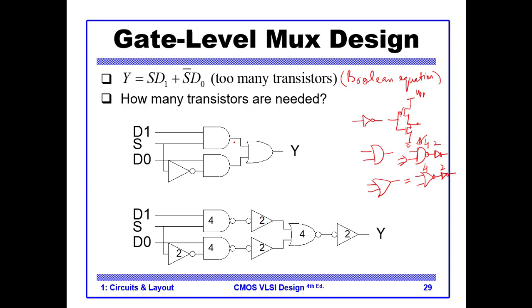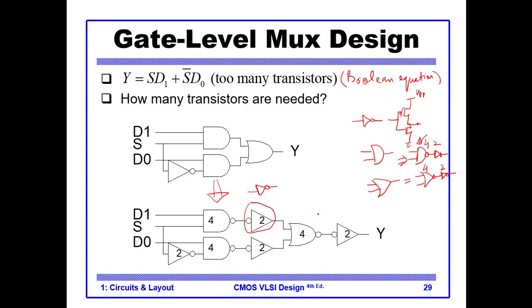This is the circuit with AND gates, and this is the circuit with NANDs and NOTs. So basically this is a NOT, this is a NOT, and this is a NOR.